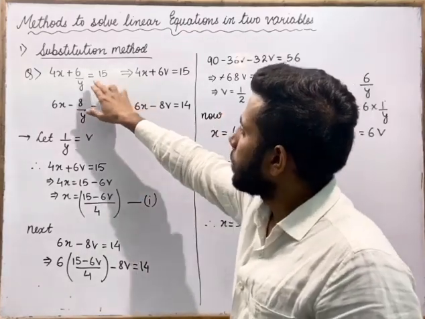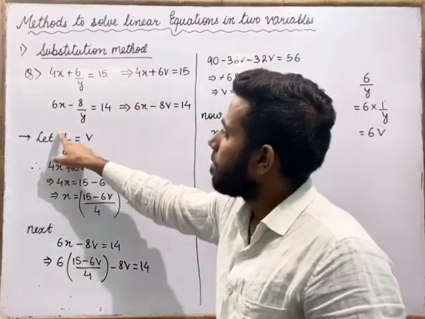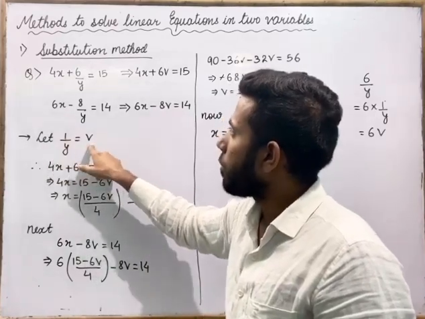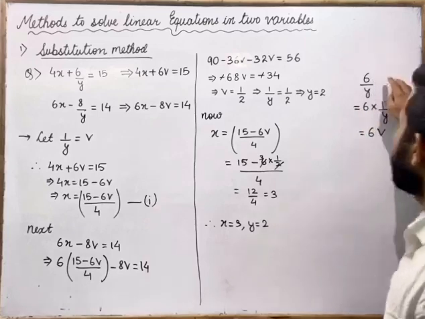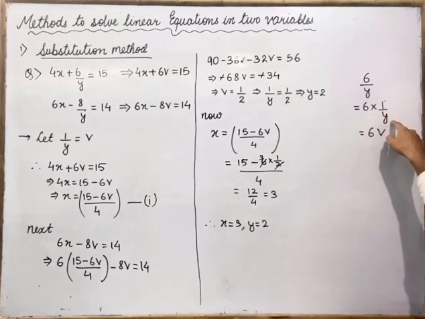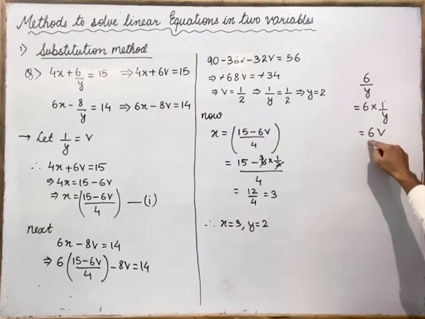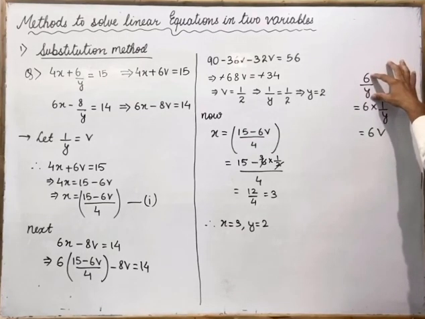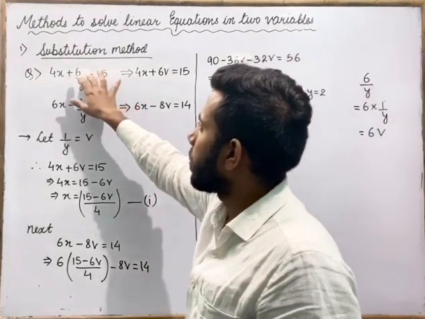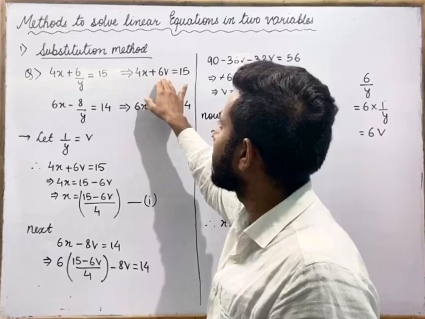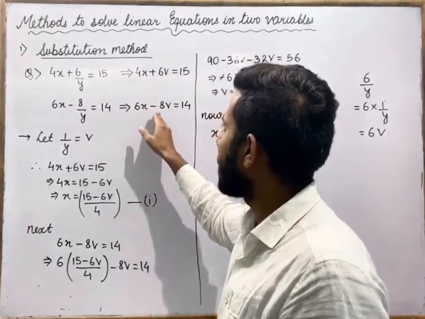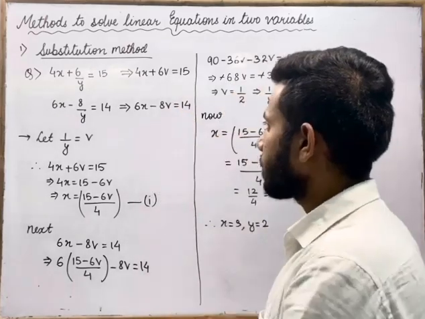So let 1 by y equal v. For your understanding, I have written it here. If it is 6 by y, it means it is 6 into 1 by y. So 1 by y equals v, and 6 by y is equal to 6v. So this equation gets transformed into 4x plus 6v equals 15. This equation gets transformed into 6x minus 8v equals 14.